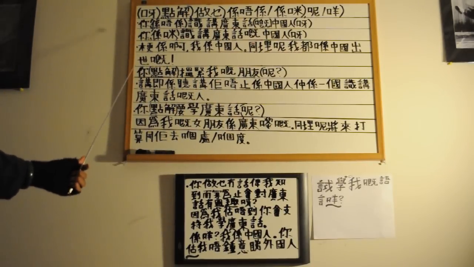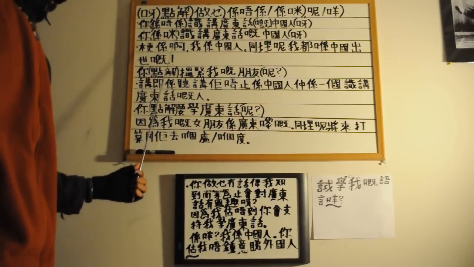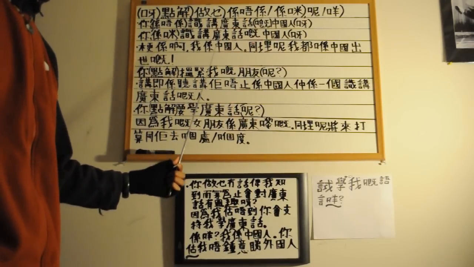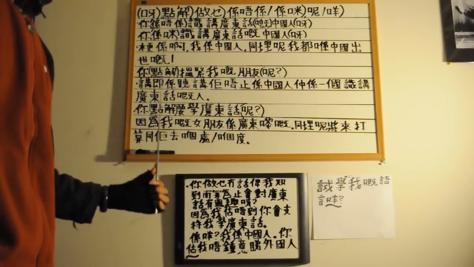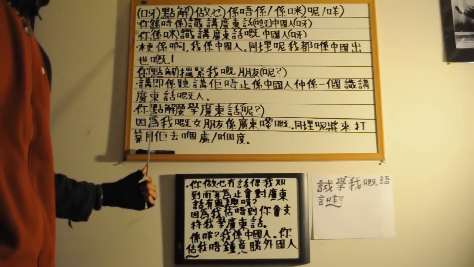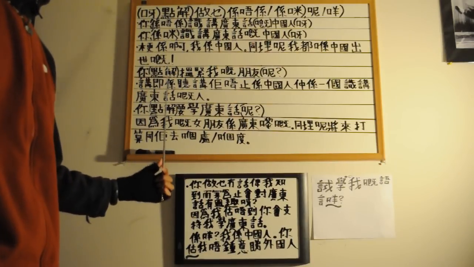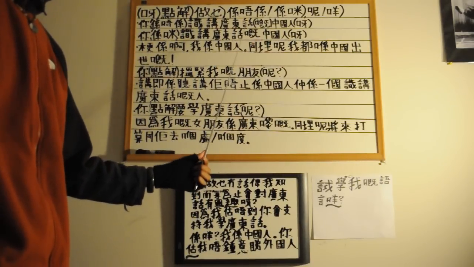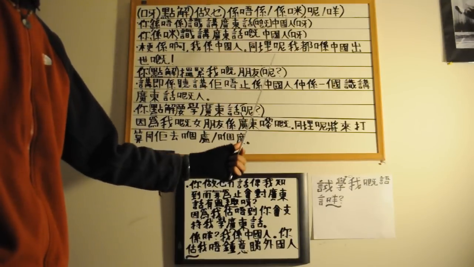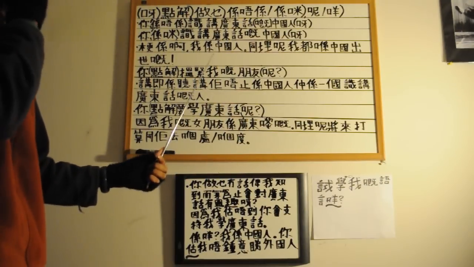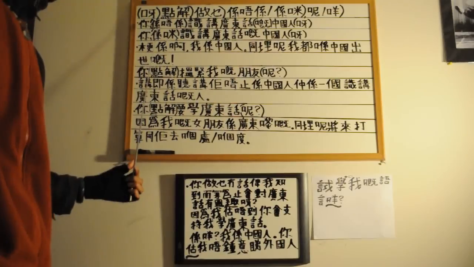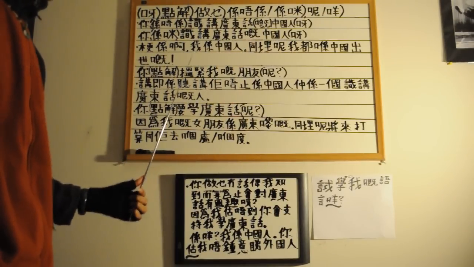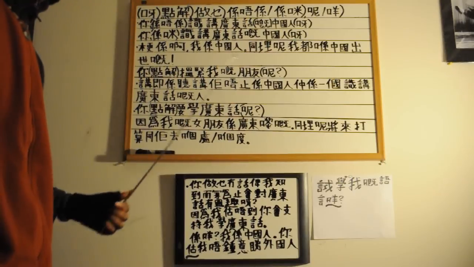So you can also say: 你係咪識講廣東話嘅中國人啊？ It's the same meaning: are you a Chinese person that can speak Cantonese? But only this time we're using hai mai instead of hai, just the shortened version.